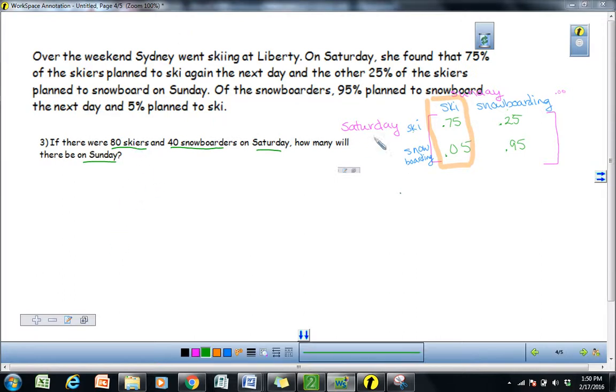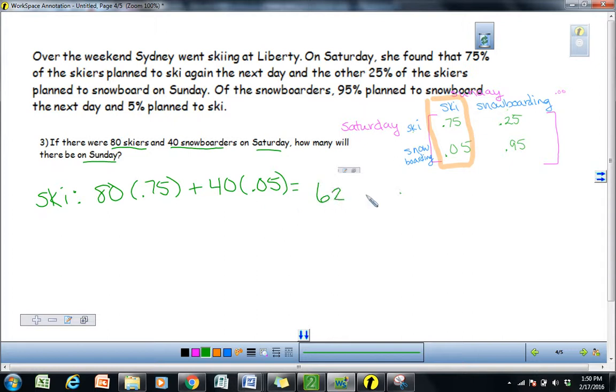I know 80 skiers, so I'm going to do 80 times the amount that's staying there, so times 0.75, plus 40 snowboarders, of which 5% are changing, so times 0.05. I put that into my calculator, and I get 62 skiers on Sunday.